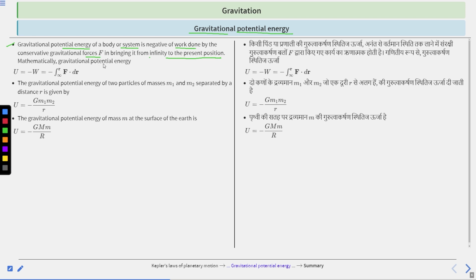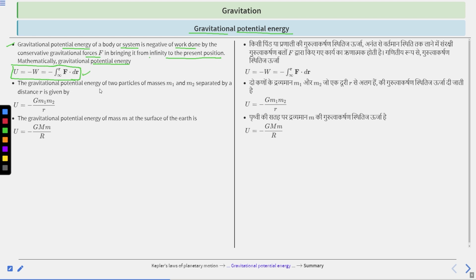Mathematically, the gravitational potential energy U is equal to minus W, which is equal to minus the integral from infinity to r of F dot dr. So this is the formula to calculate the gravitational potential energy. Clear?